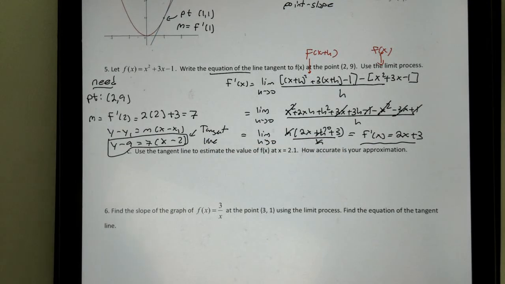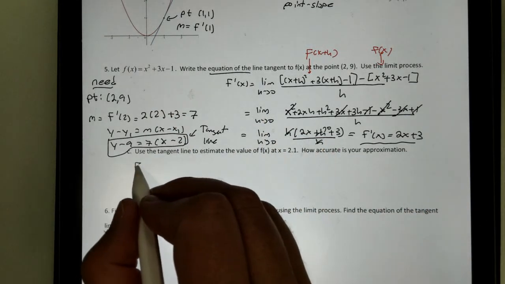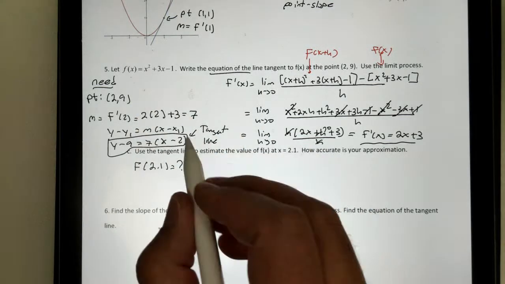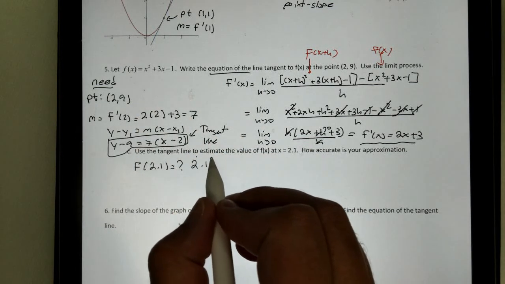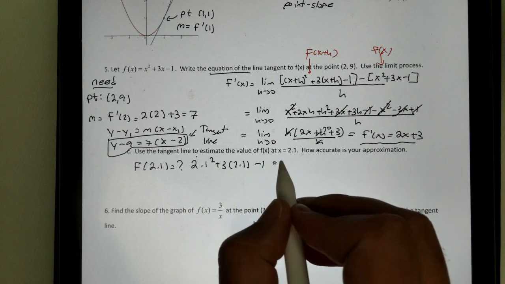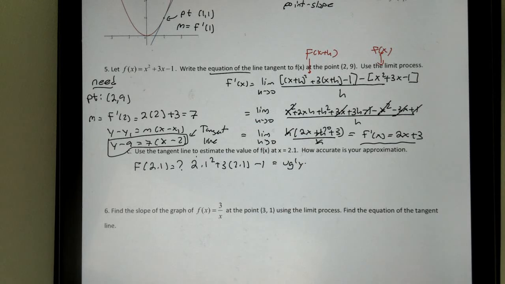Now this has a lot of applications. For example, let's say I wanted to find out what f of 2.1 is. If I were to plug that in, this would become 2.1 squared plus 3 times 2.1 minus 1. And that is ugly. I don't know what that is. I don't even want to try to figure out what it is.